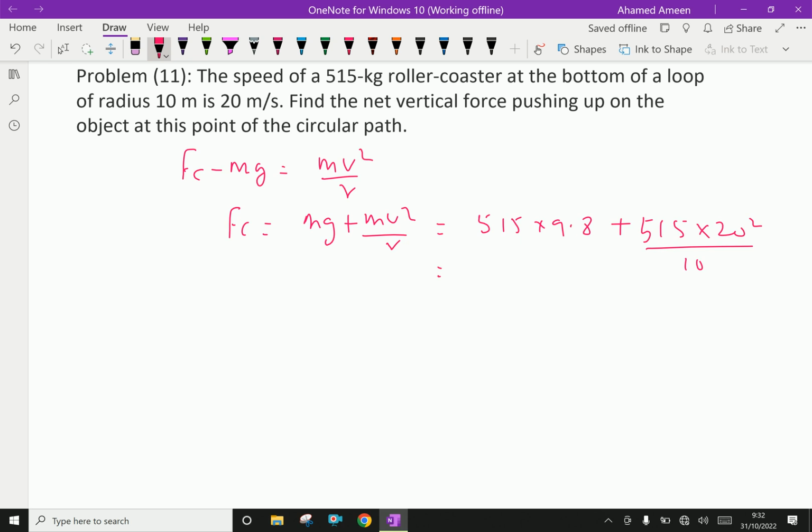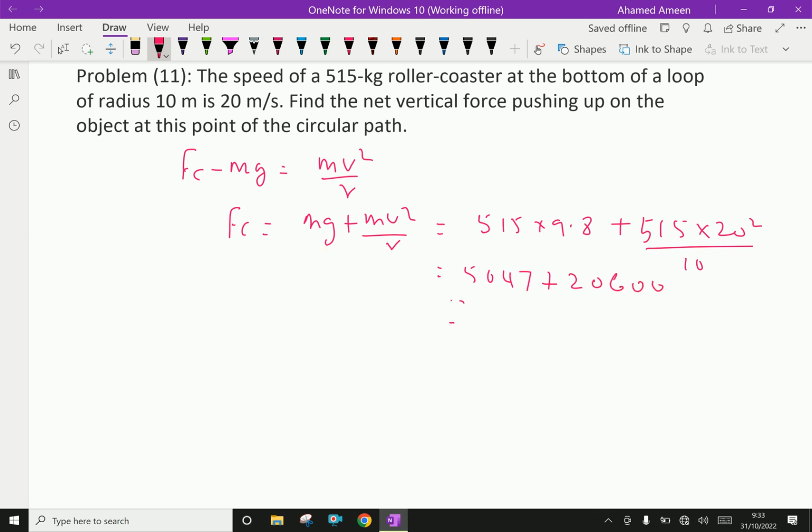First part: 515 into 9.8 equals 5047. Plus the second part: 515 into 20 squared, which is 400, divided by 10, equals 20,600.